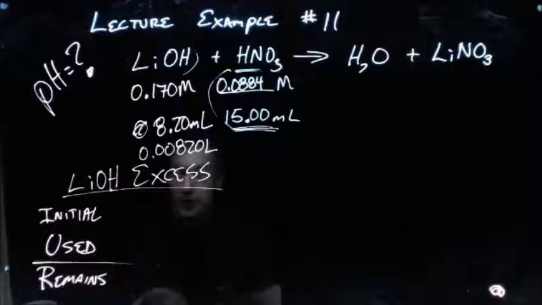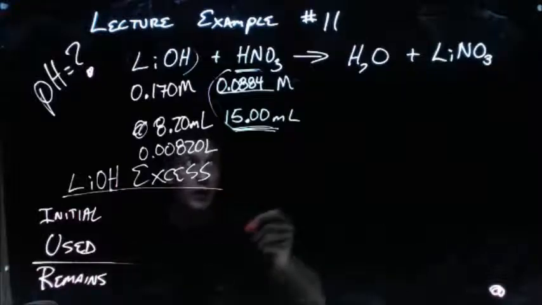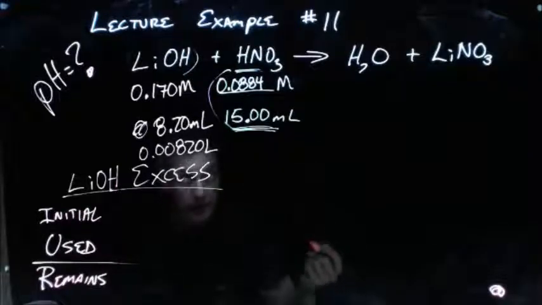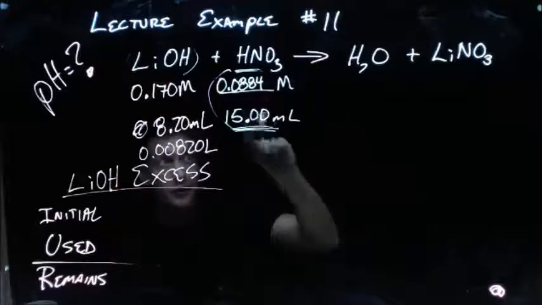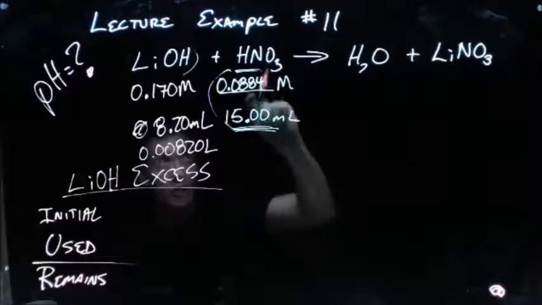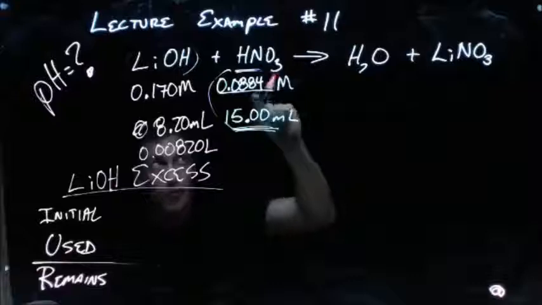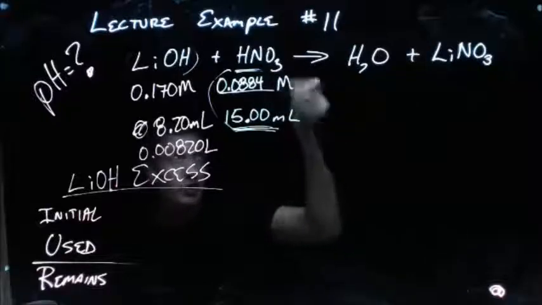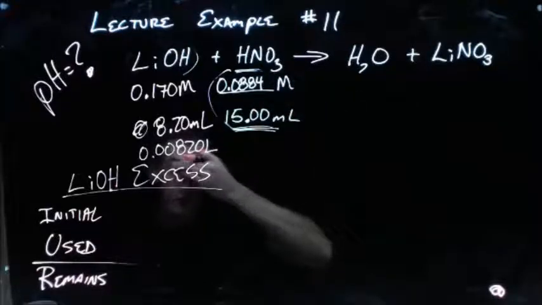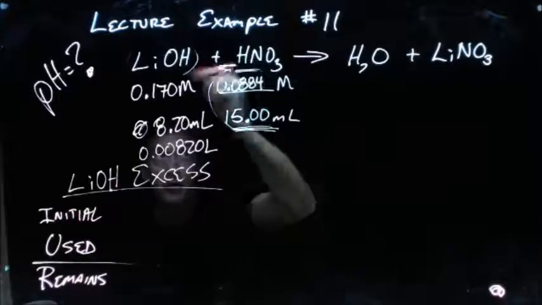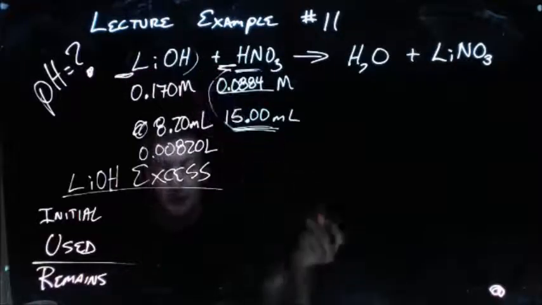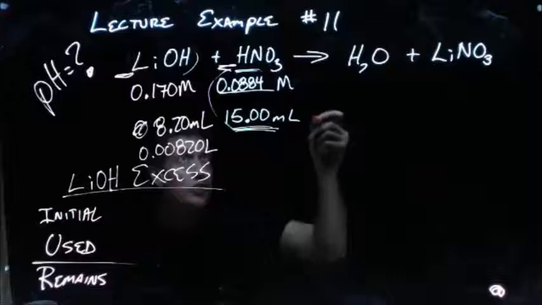So the used, all right, we can find, and we had it in the last two problems, because it's still 15 milliliters of 0.0884 molar nitric acid. So the nitric acid is going to neutralize its equal number of moles of lithium hydroxide because it's a 1-to-1 ratio.